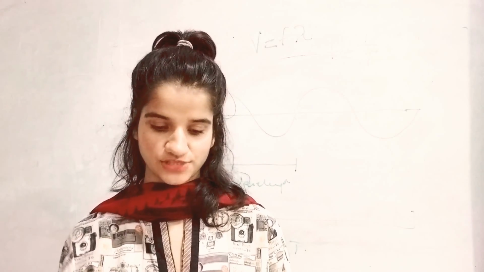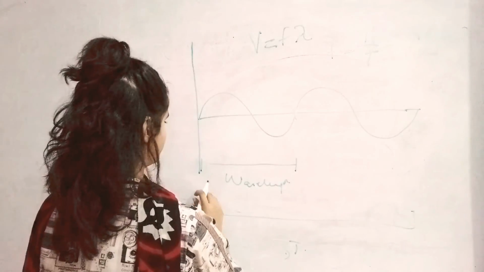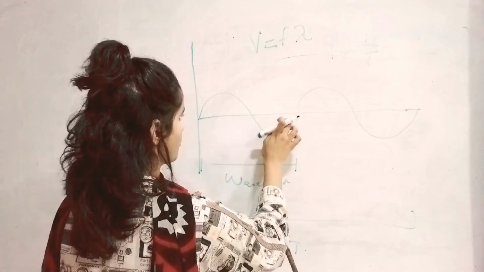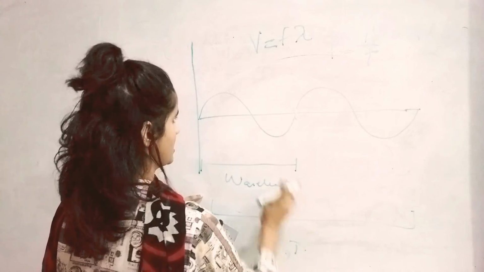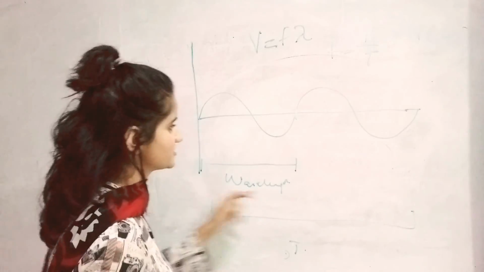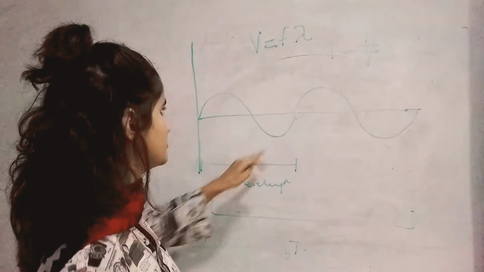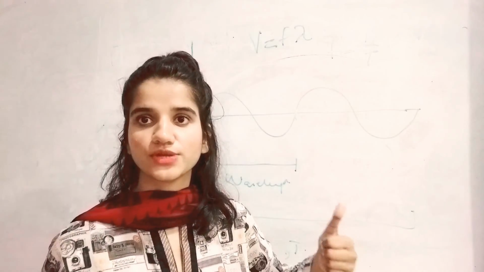Then velocity. Distance traveled by one wave in 1 second. So this is the distance in 1 second. In 1 second, how much distance does a wave travel? In frequency, we just measured how many waves were present in 1 second.